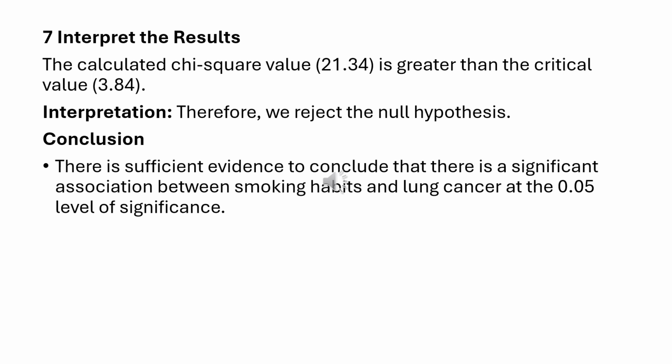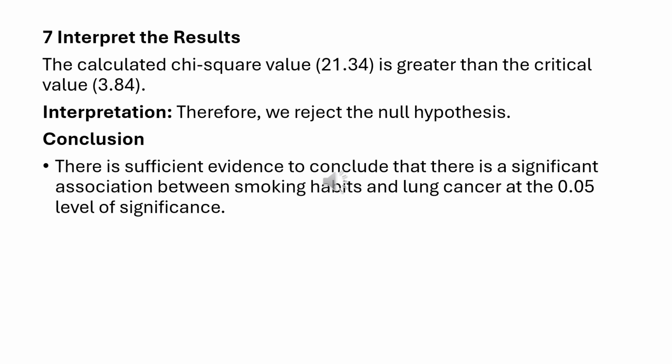The final step is comparing the critical value with the chi-square value. The test says that if the chi-square value is greater than the critical value, then the researcher has to reject the null hypothesis and accept the alternative hypothesis. If the critical value is more than the chi-square value, then the researcher has to accept the null hypothesis and reject the alternative hypothesis.